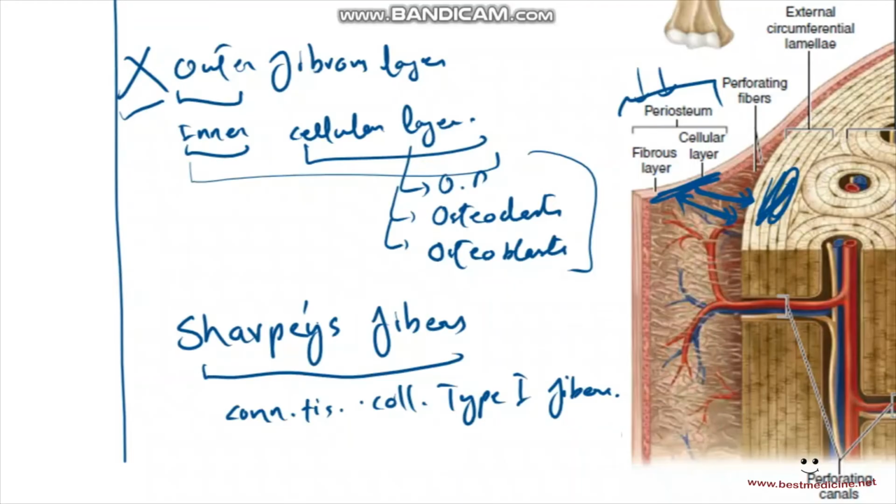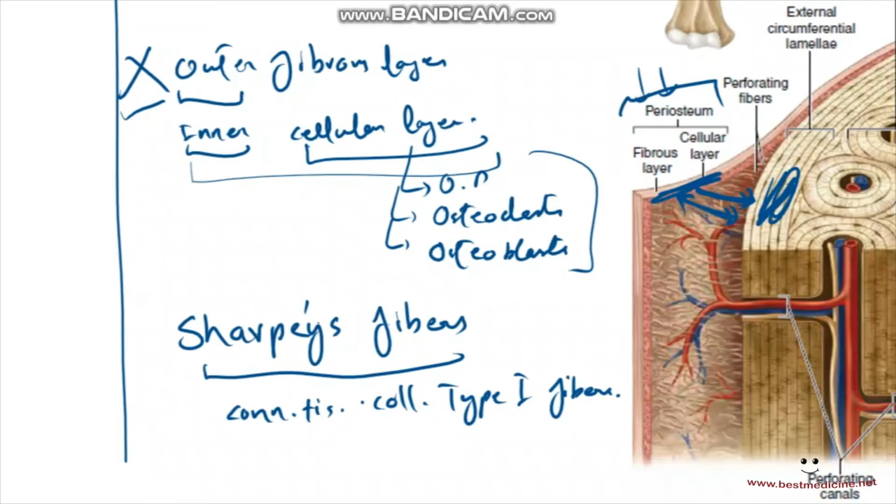After the bone has been realigned, the periosteum helps to regrow the bone and repair the bone to where it was initially. So that is the function of periosteum.